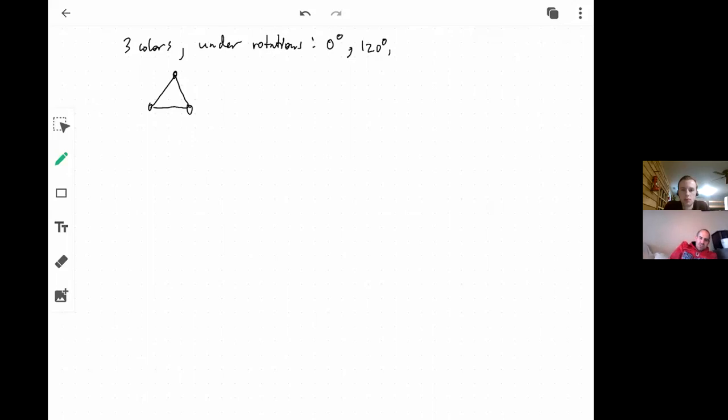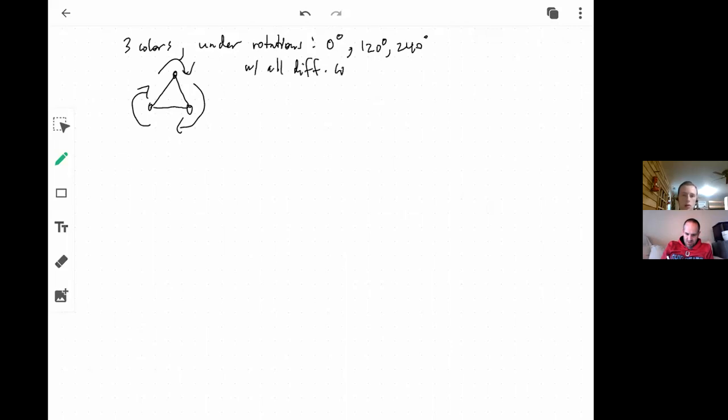All right. So if I colored the vertices with three colors under rotations, let's say with all different colors, let's think about that.